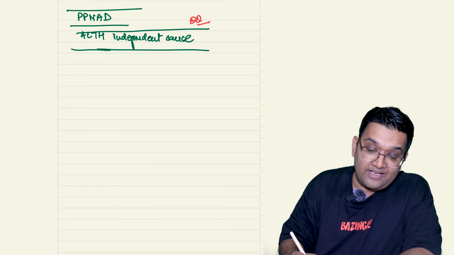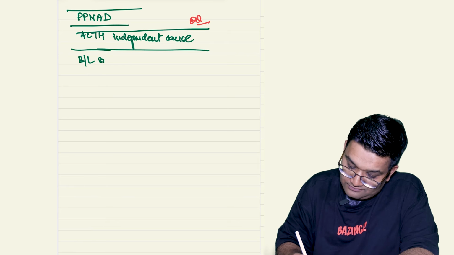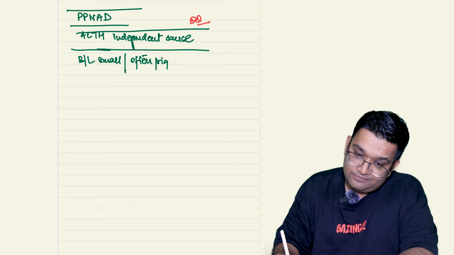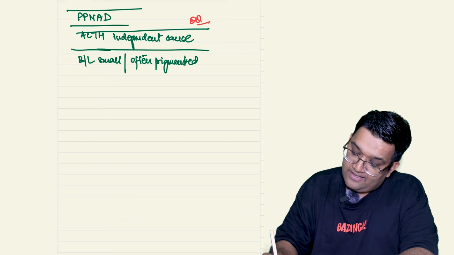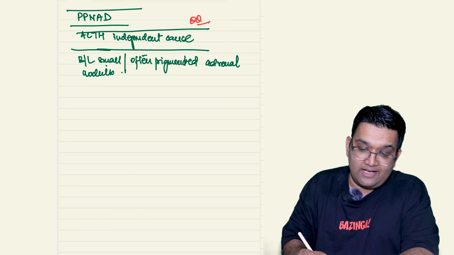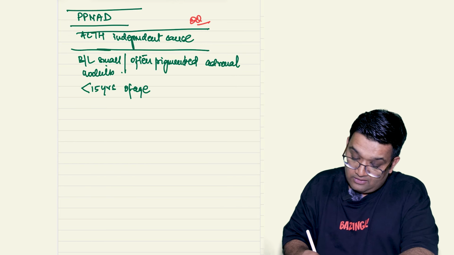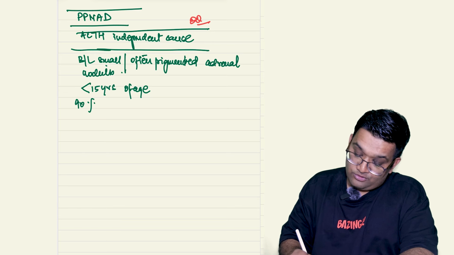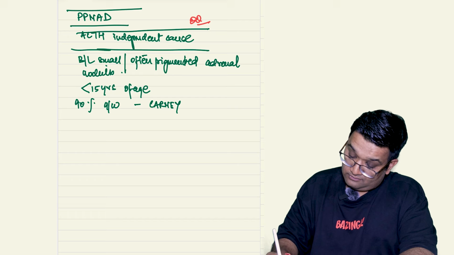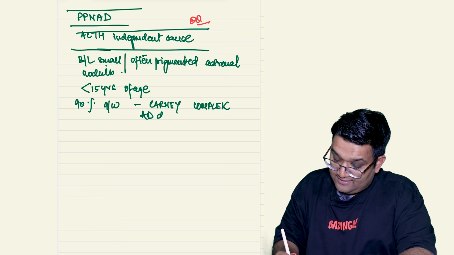After this, what you need to remember is there are going to be bilateral small, often pigmented adrenal nodules, mostly occurring in less than 15 years of age. 90% of them are going to be associated with Carney's complex, which is an autosomal dominant disease.